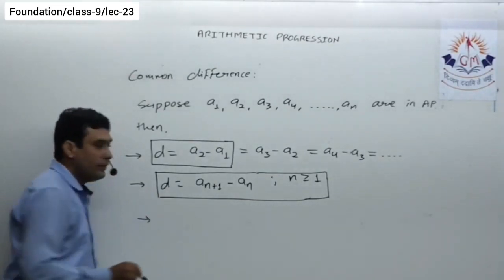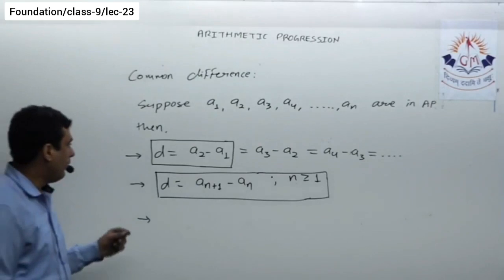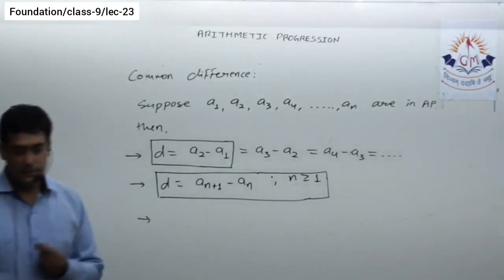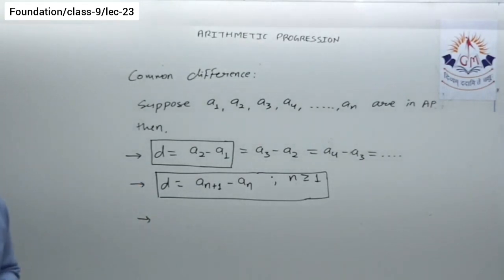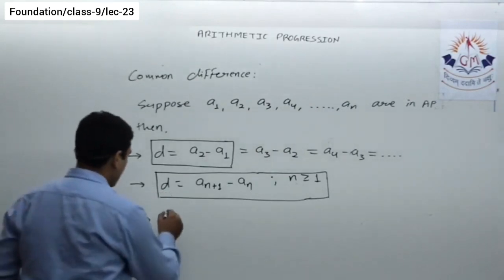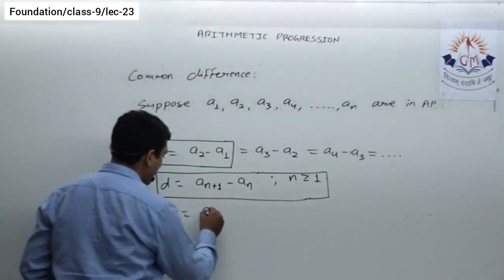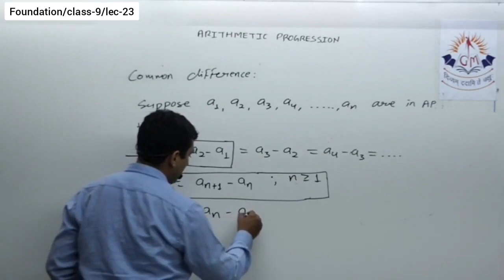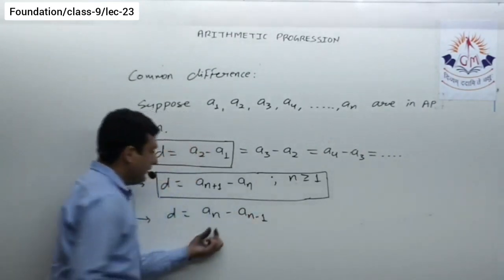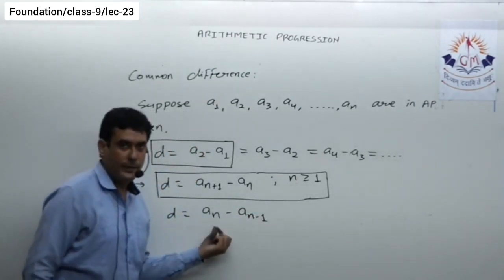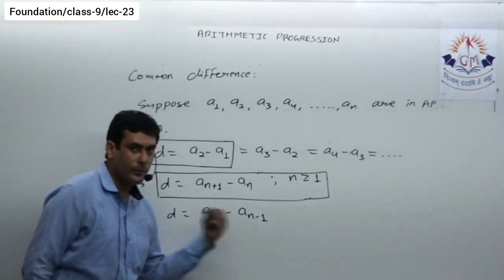Now there is one more formula to find the common difference. If I write the same thing in a different way, I can write this as An minus A(n-1). If the nth term is any term, then n minus 1 is the previous term.